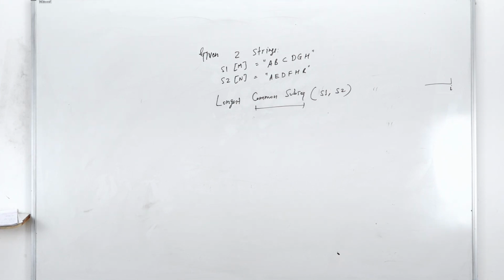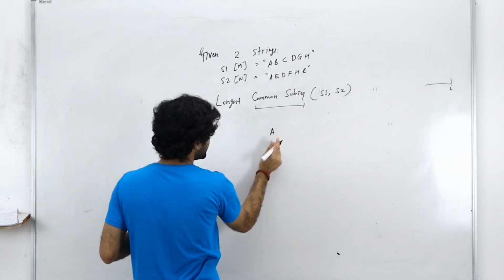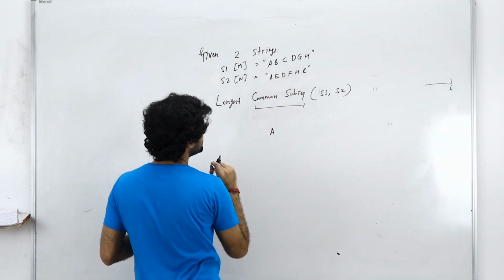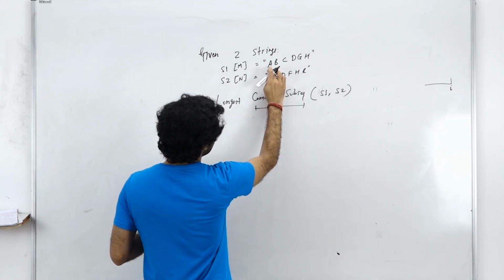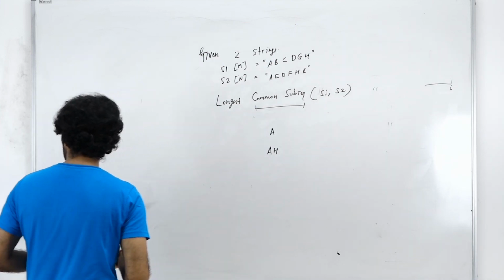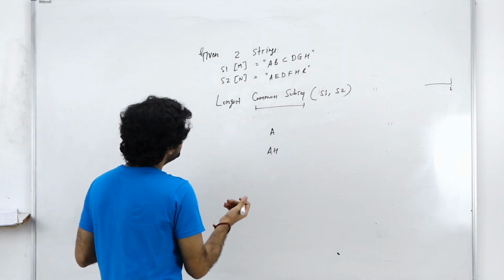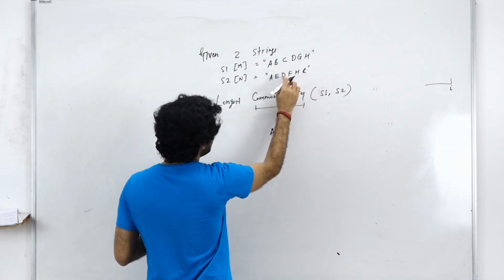One that I can clearly see is just A, because A is present here also and here also. Another one is AH, because I have AH here also and here also. Another one is DH, because DH is here also and it is here also.